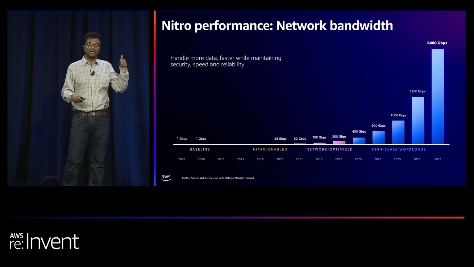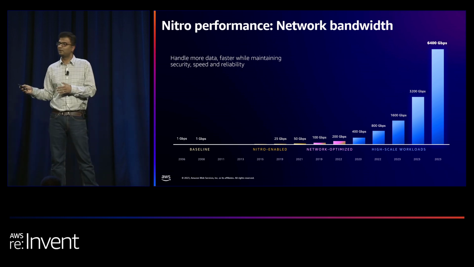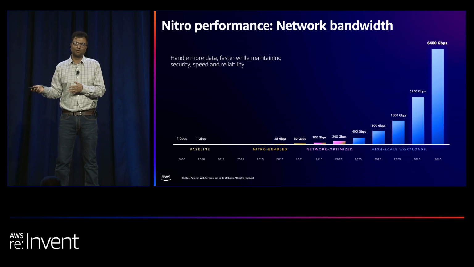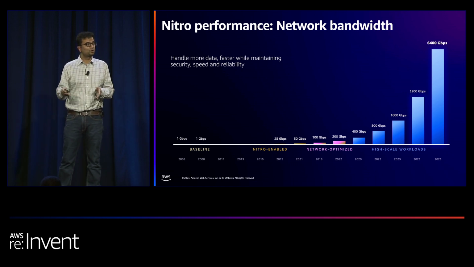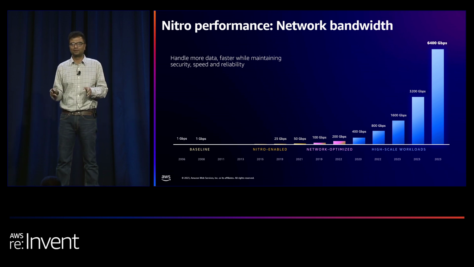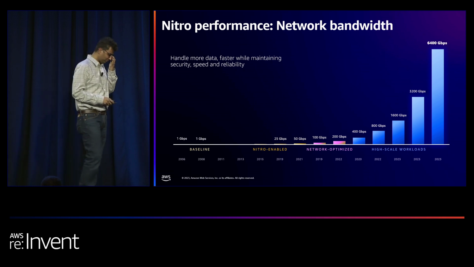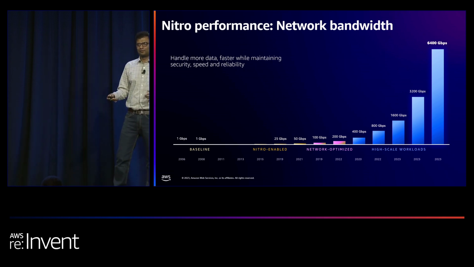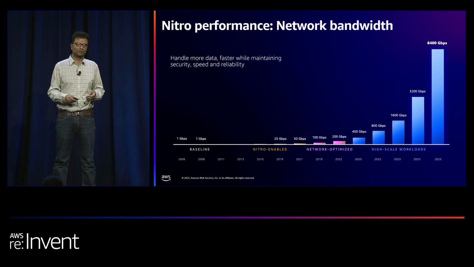So either we used a dedicated card for networking, or we used a series of cards for delivering higher networking bandwidth. And if you attended Adam's keynote yesterday or Dave Brown's session, then you would have seen that we are able to support networking bandwidth of 6400 Gbps, simply unheard of, which will be through our Trainium-based instances, which would be coming out soon.